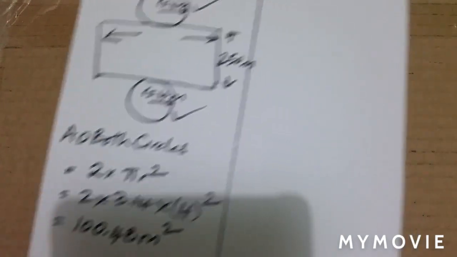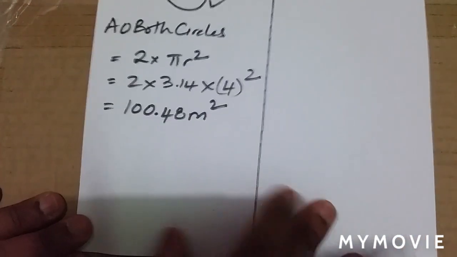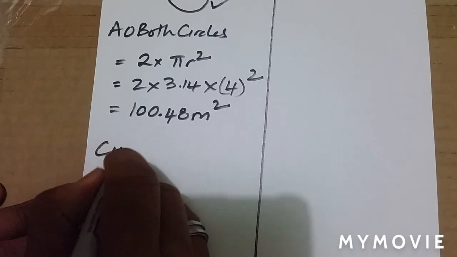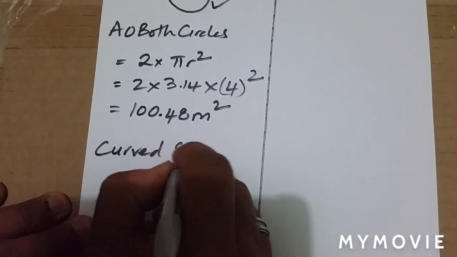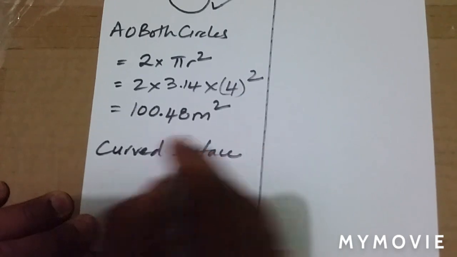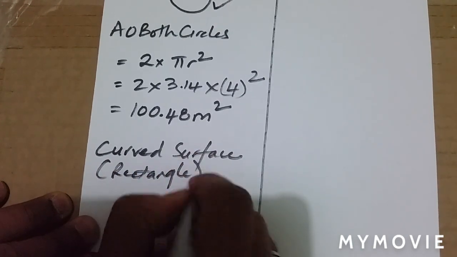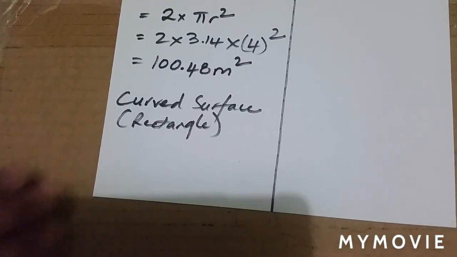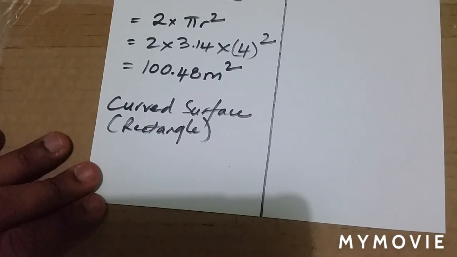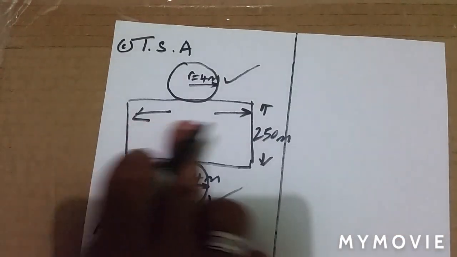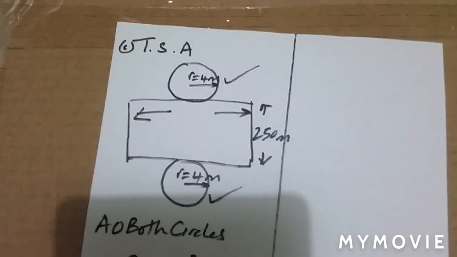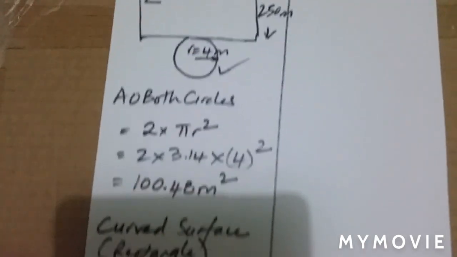Okay, so for the curved surface area, which is represented by the rectangle, we need to know this length, and that is really the circumference.